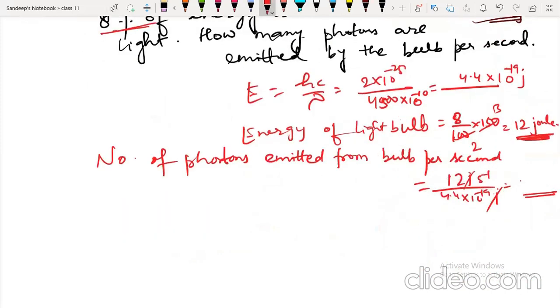Because it is 150 watt, you must know that 1 watt is 1 joule per second. You can do the calculation.